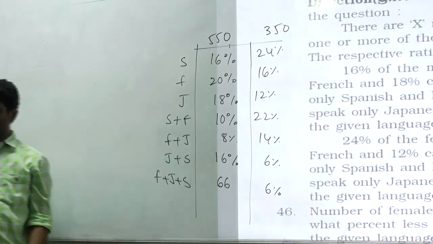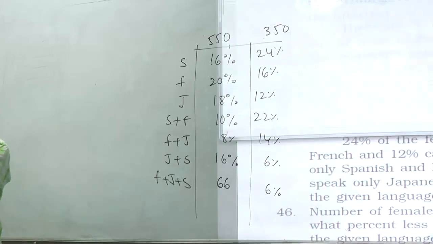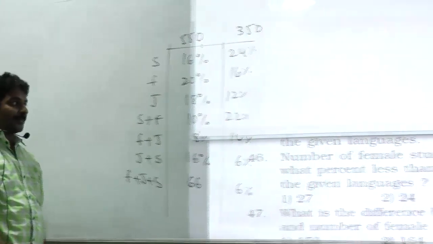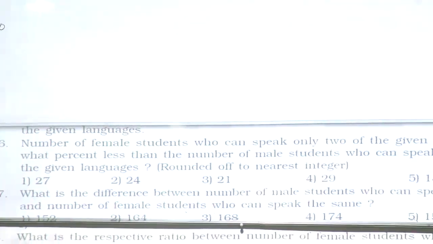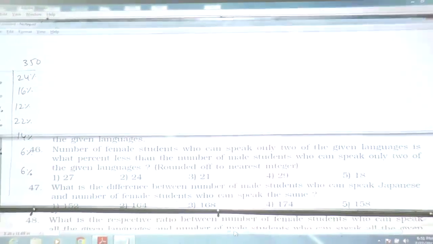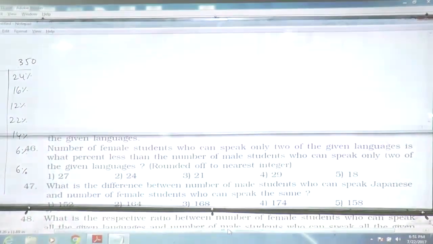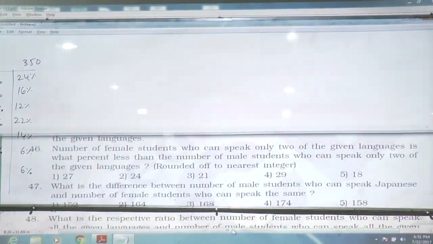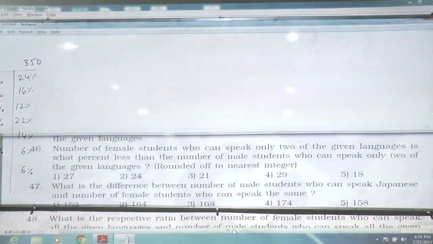Now, let's go to questions. 46. Number of female students who can speak only 2 of the given languages is what percent less than number of male students who can speak only 2 of the given languages? Only 2 in the sense, these 3 only, right?